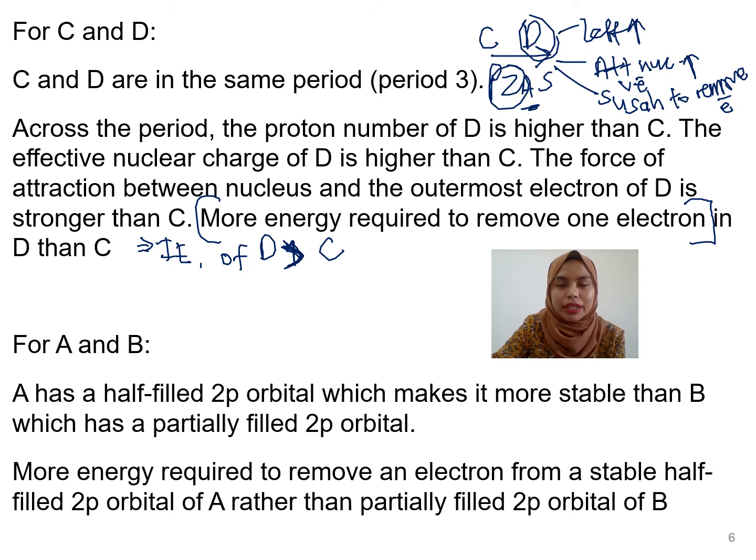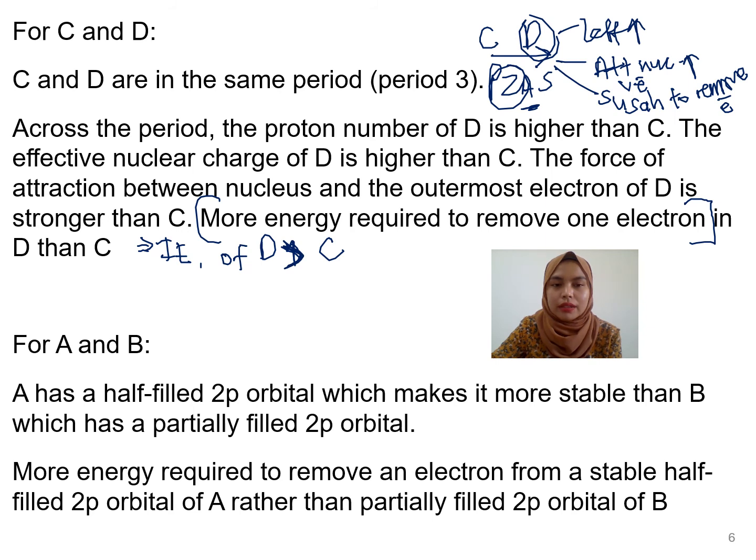Next ialah A and B. Okay, A and B berada di period yang sama juga. Okay, A has a half filled 2p orbital, which will make it more stable than B. B ada partially filled 2p orbital.